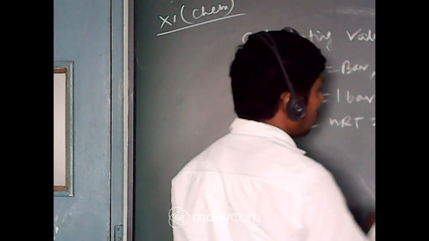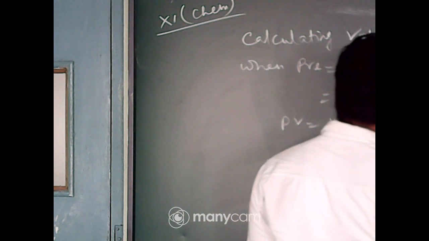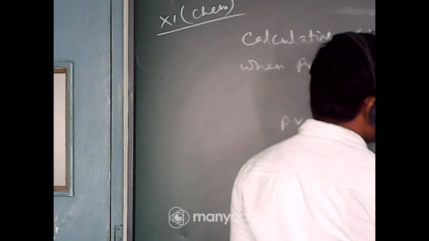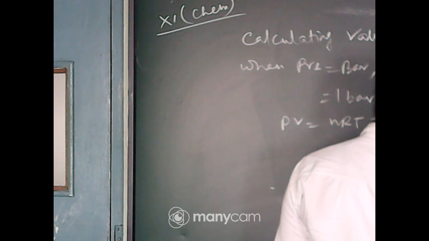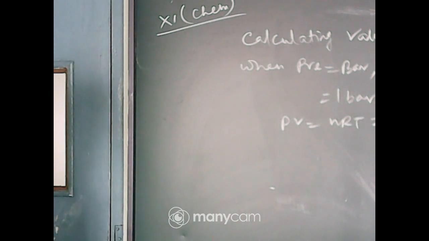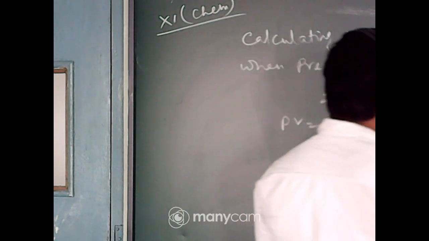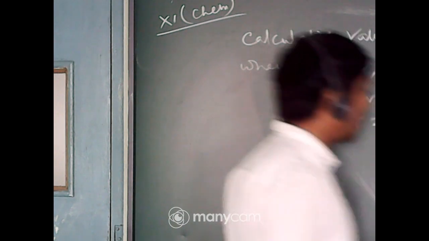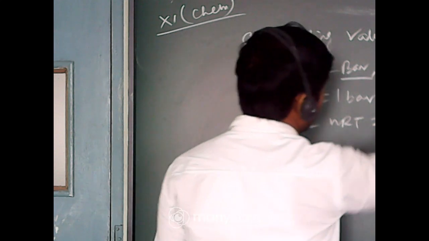Now, what is the unit? It is liter atmosphere mole inverse Kelvin inverse. It is the value when pressure is in atmosphere and volume is in liter.